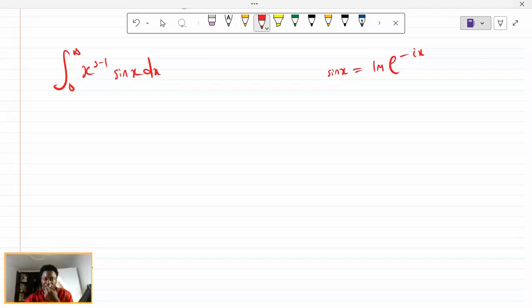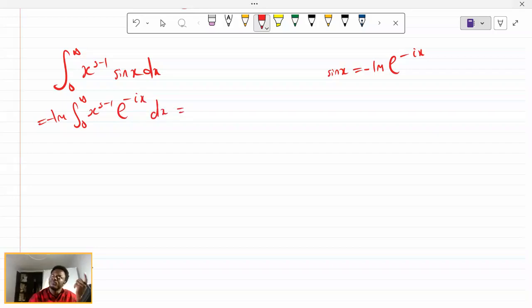So this integral will be the imaginary part of the integral from 0 to infinity of x to the s minus 1 e to the negative ix dx.